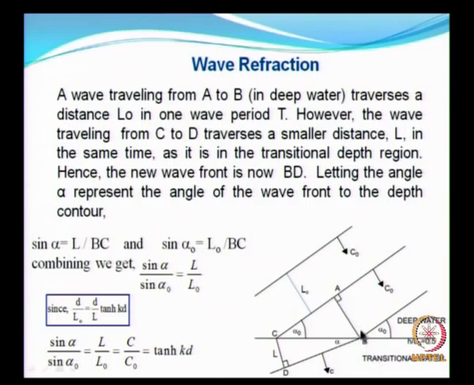You extend this, and it has to be perpendicular to the wave front. So, this will be the wave direction, and it is also referred to as wave ray or wave orthogonal.